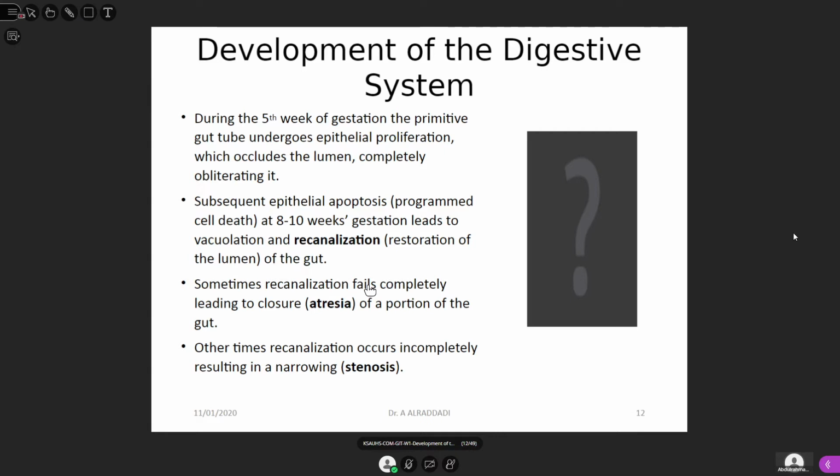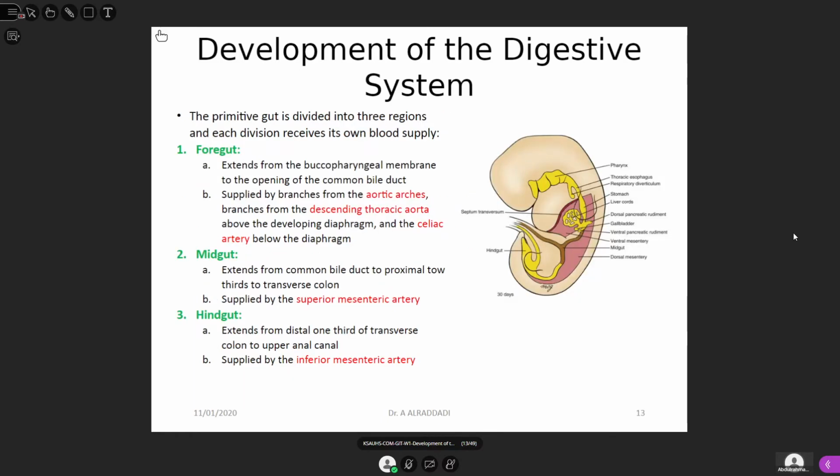However, sometimes the recanalization process fails completely, and this leads to the formation of atresia, completely closing the gut tube. And sometimes the recanalization occurs incompletely, resulting in narrowing of the gut tube, and this causes stenosis.